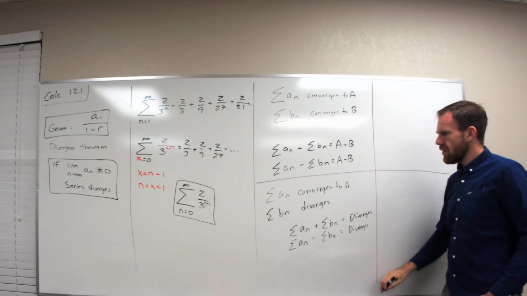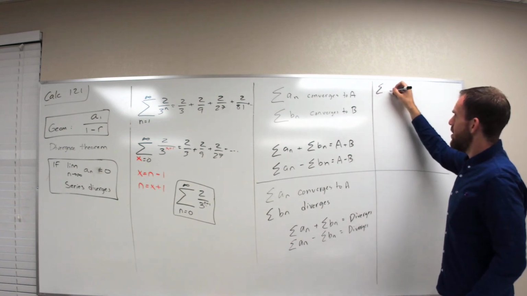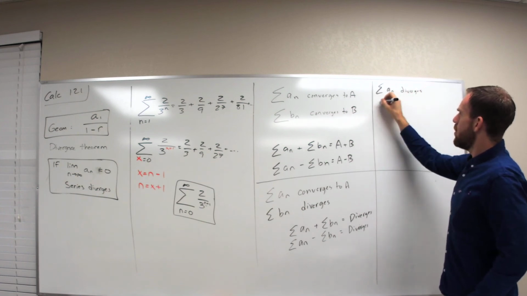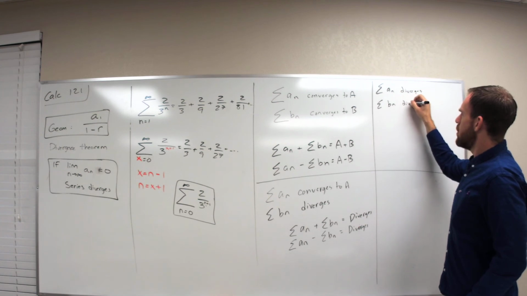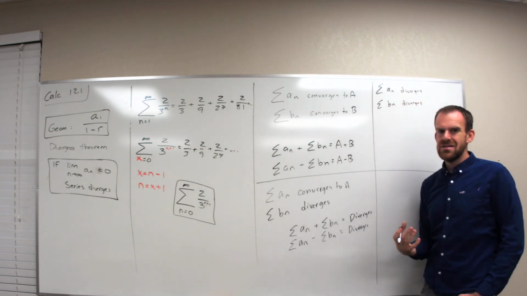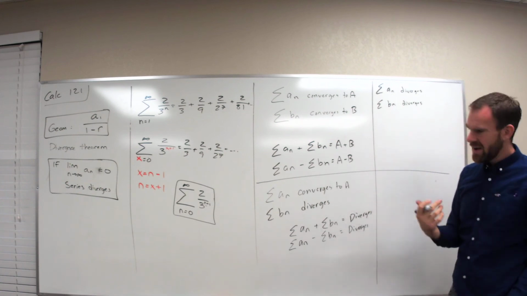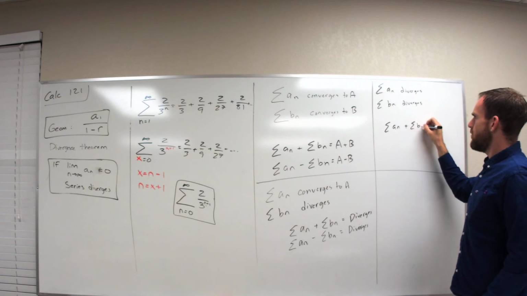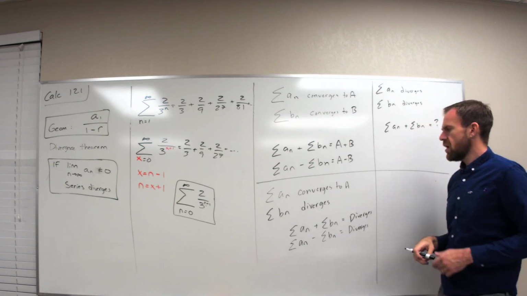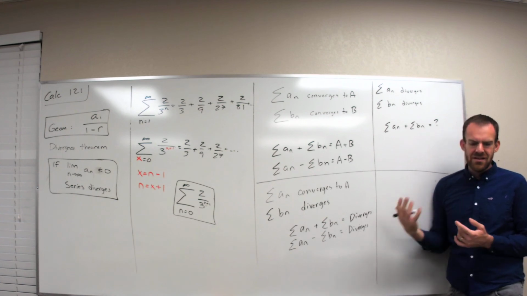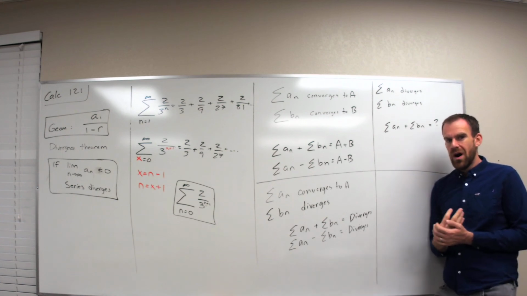So let's write that out here. an diverges. And actually, since diverges doesn't tell us if it's positive or negative, we don't even know the sum. So there's no quick and fast rule to say this diverges or this converges. Why?